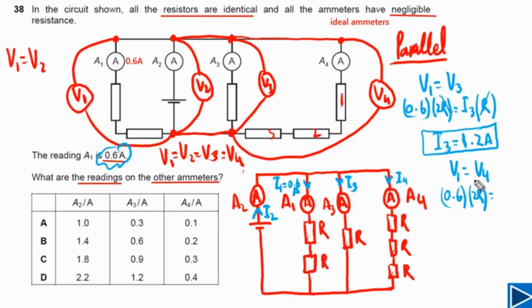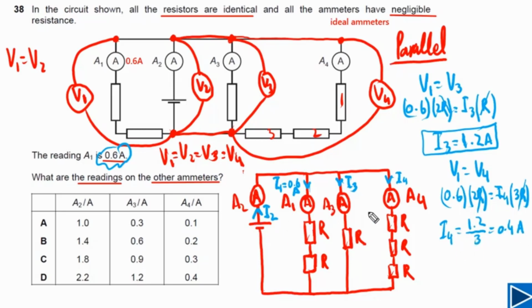And the current passing through ammeter 4, this is I4, and the total resistance of this branch is 3R. Now R is common, we can simply cancel. So I4 is simply equal to 1.2 divided by 3. So this is equal to 0.4 amps. So this is the reading of I4.